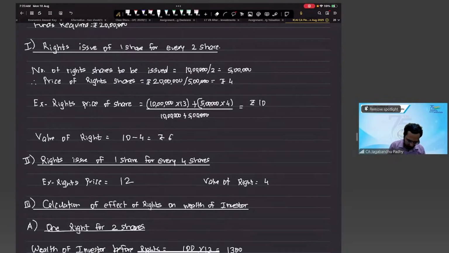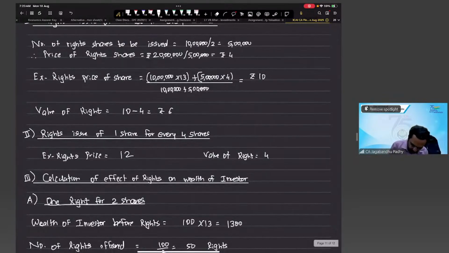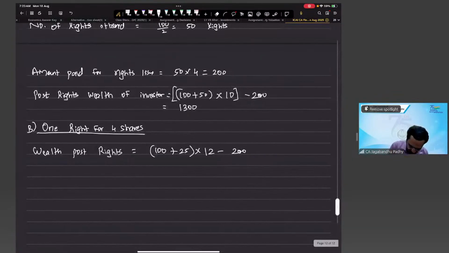What is the price of rights over here, guys? It's 8. Price of right shares, 8. So this is going to be multiplied by the theoretical X rights price, into 12, and minus this 200.